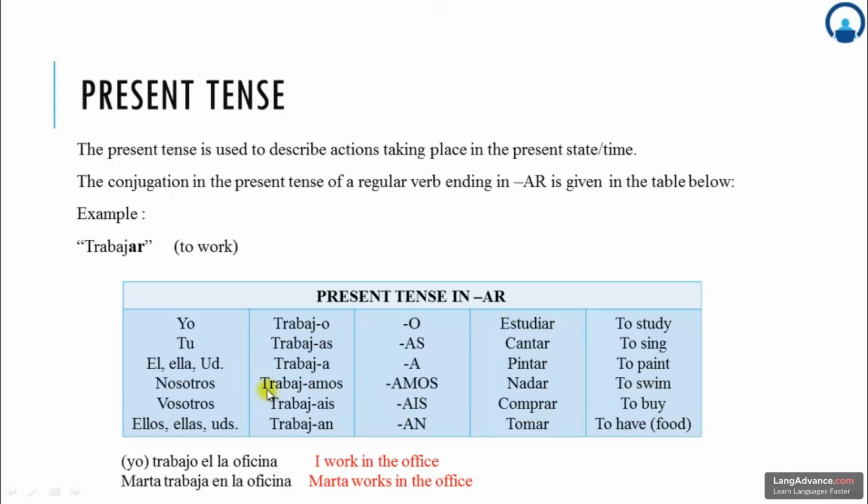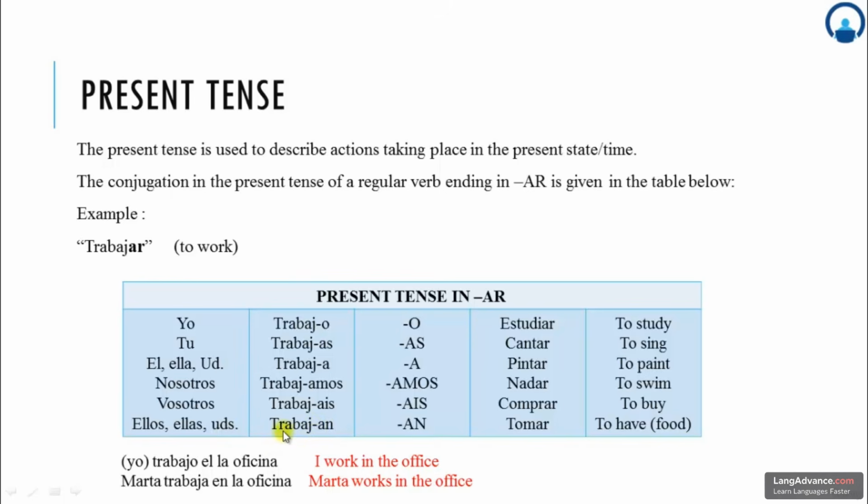So it becomes trabajamos, which goes with nosotros. That means we work. I remove the AR from trabajar and I put ÁIS, and it becomes trabajáis. That goes with vosotros. Now the sentence becomes you all work. And the last one, I replace the AR from trabajar and put AN in its place.